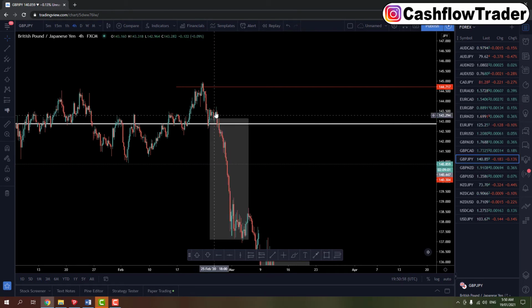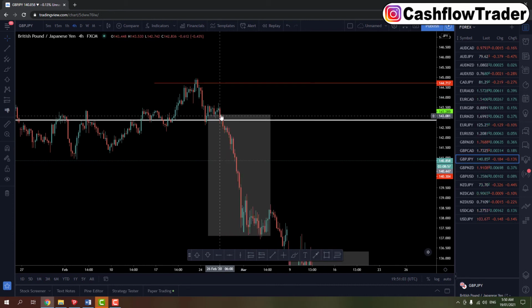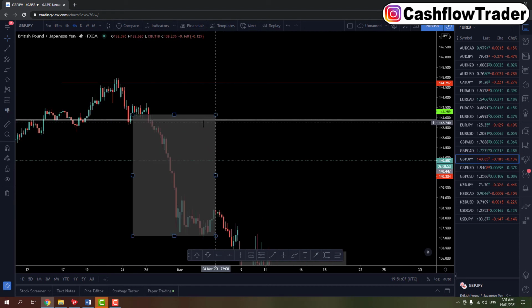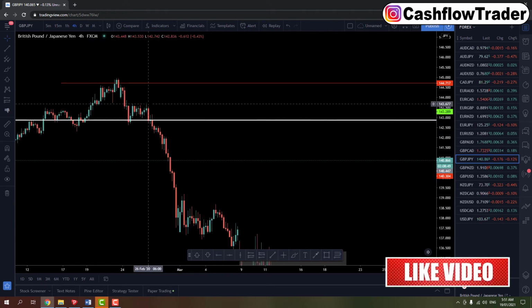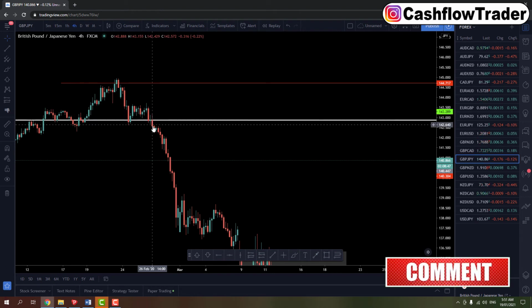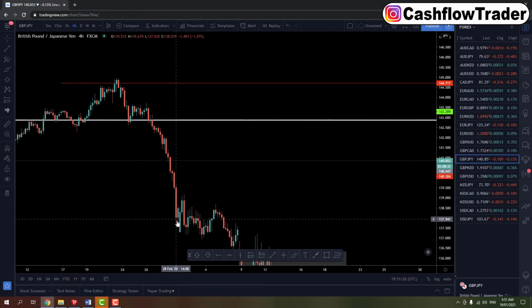We came back here, congestion, and then the run that actually made it happen started from here. Let me just delete that. So the run that made it happen started from here roughly, because this run here didn't make a new lower low. Then we have a pullback, and then we had a new lower low finally, and we stayed there, and then we just crashed down.